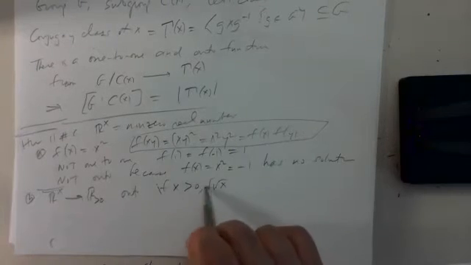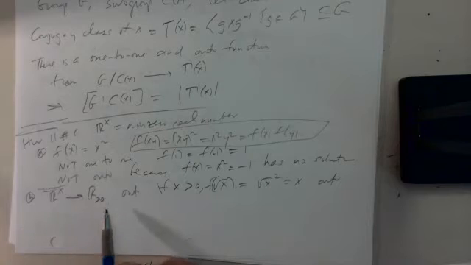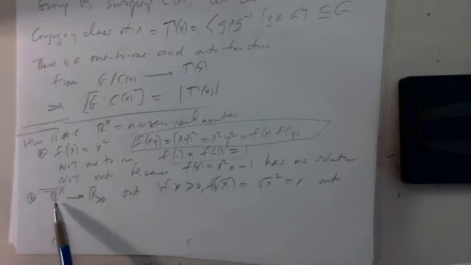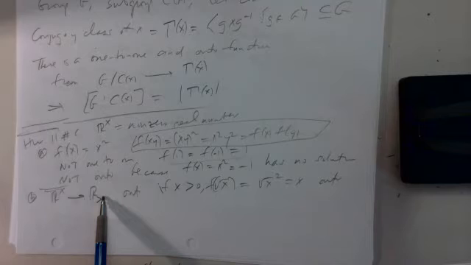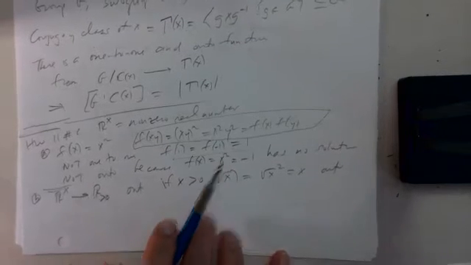And f of the square root of x is the square root of x squared, which is x. So this function is onto, but again, it's not one-to-one because 1 and negative 1, for example, get sent to the same number. So the square function from the non-zero reals to the positive reals is onto, but not one-to-one.